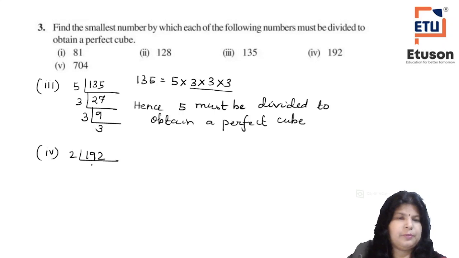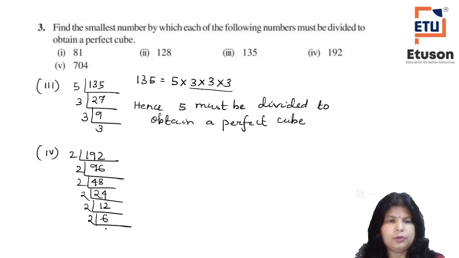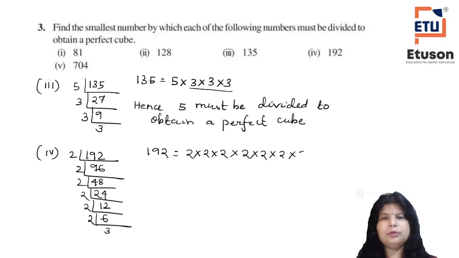First find out the prime factors. So divided by 2, you have 96. Divided by 2, 48. 2, 24. 2, you got 12. 2, you got 6. 2, you got 3, right? So what is 192 in terms of its prime factorization? 2 into 2 into 2 into 2 into 2 into 2 into 3.